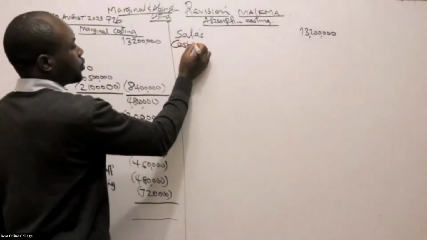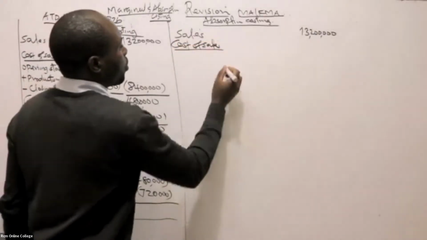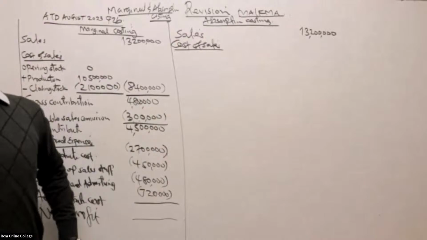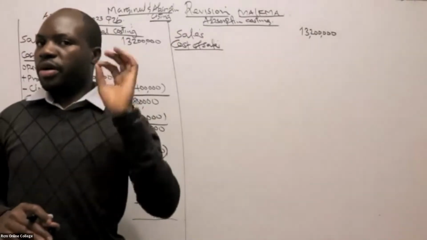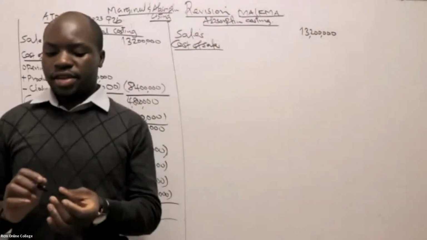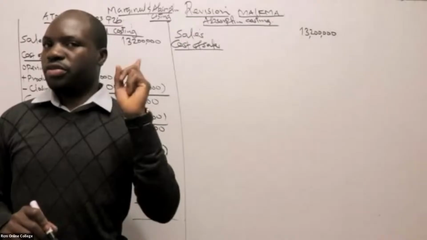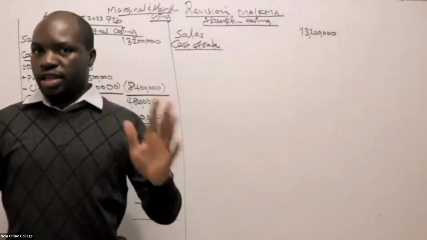Under cost of sales, remember, under absorption costing, we include what we call the fixed production overhead as part of product cost. The moment you bring in fixed production overheads, we no longer call it contribution margin. We now call it gross profit, net profit.